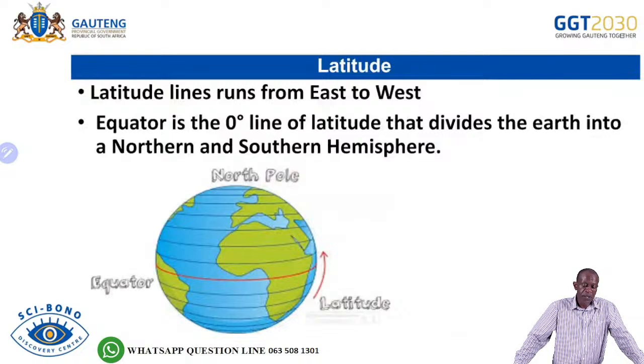You have both the north and south poles, which in extent are shorter than the equator. So the equator is at the center, and as we said, it divides the earth into northern and southern hemisphere.